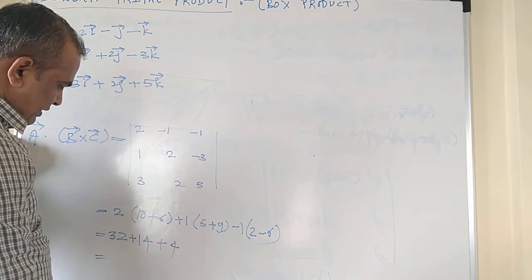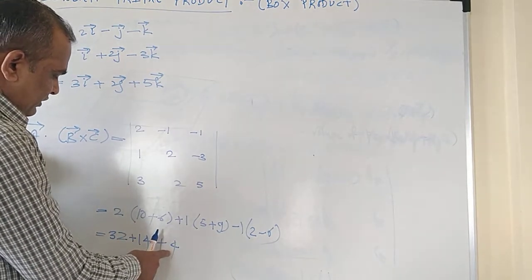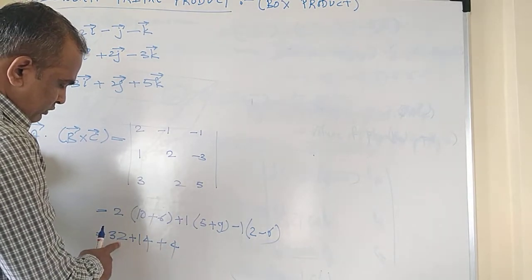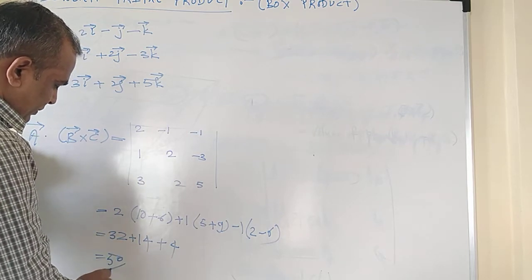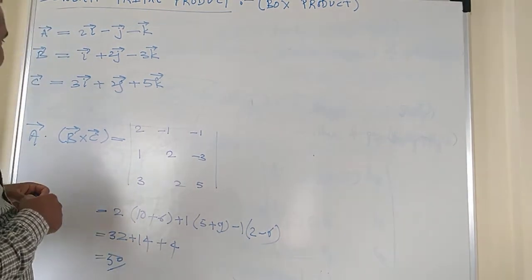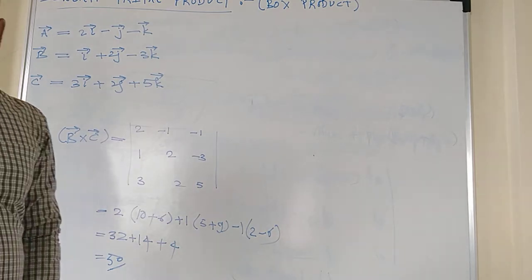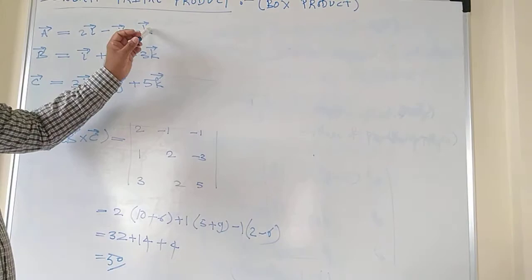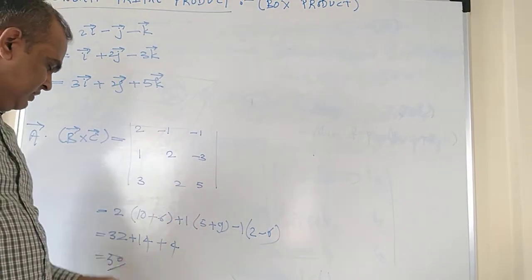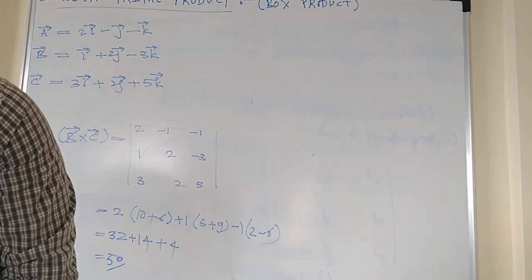Got it? So this will give you how much? 16 twos are 32, plus 14 plus 4 is 18, 32 plus 18 is 50. So 50 units is the volume of the parallelepiped. Of course its unit will be centimeter cube or meter cube, whatever, but as the units are not given here, you can just write 50 units as the answer of this problem.